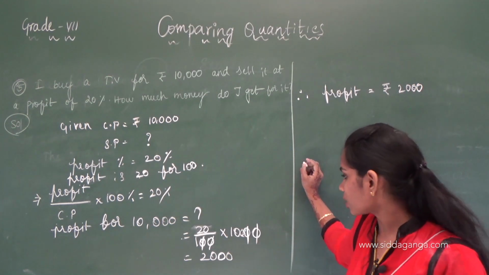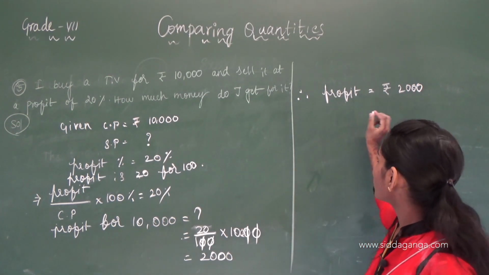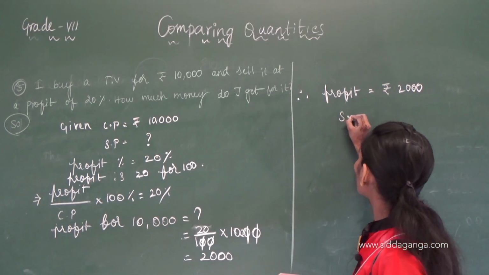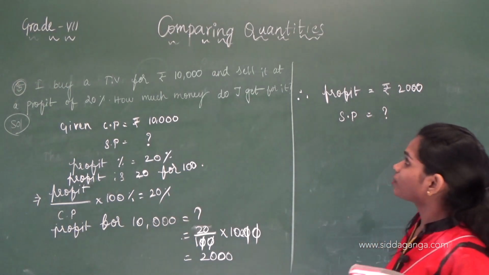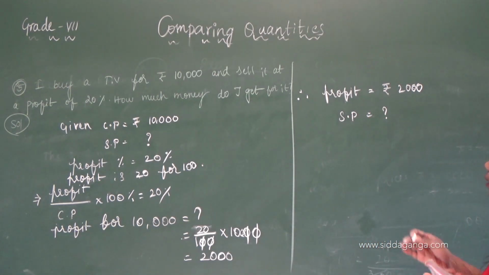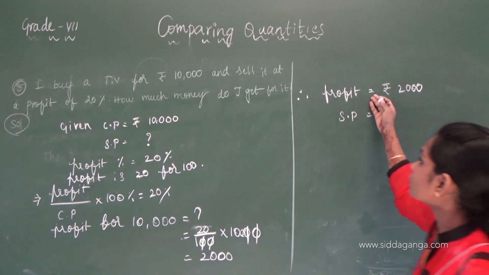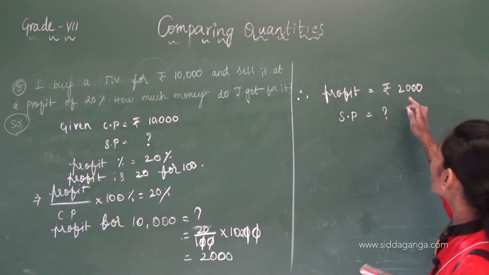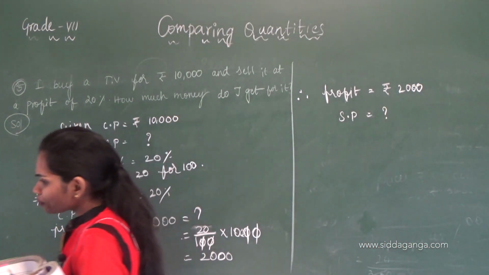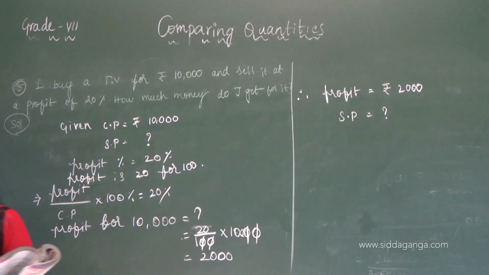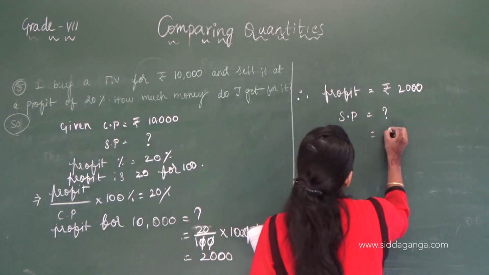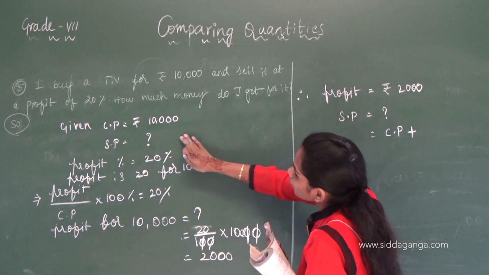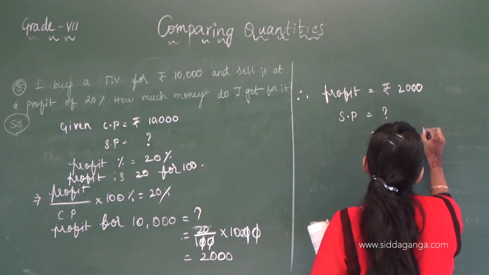If you want to find the SP, the selling price equals CP plus profit.